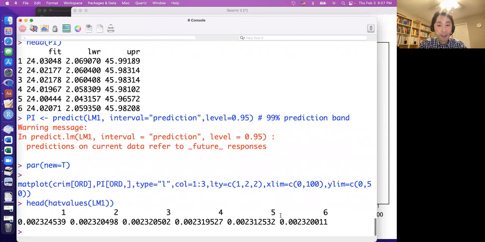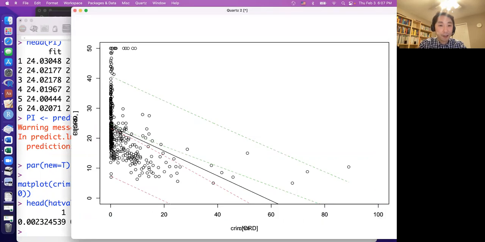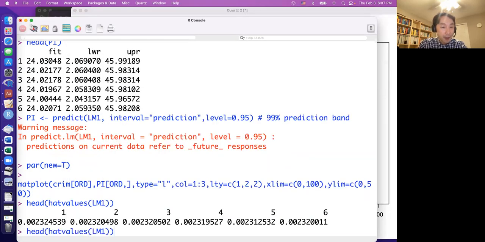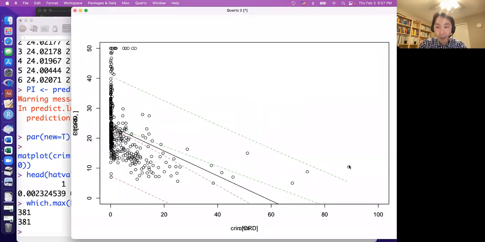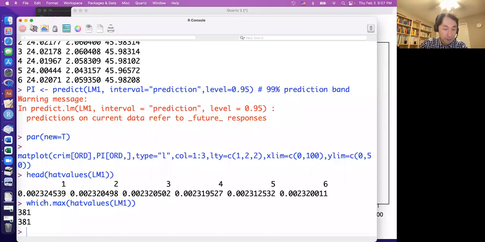So the first 6 observations are around here, with small hat values, but which observations have the largest hat values? We can check it by the which.max function. Then the 381st observation is the largest one, the observation with the largest leverage.